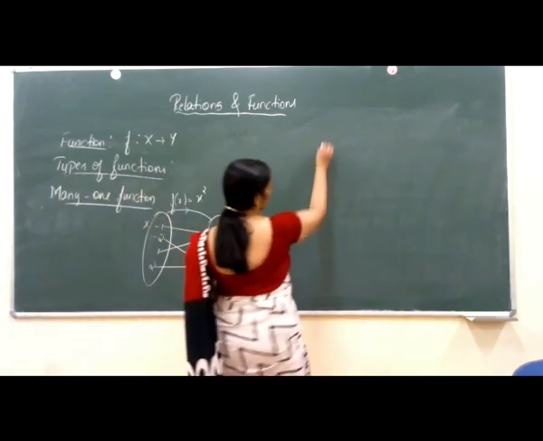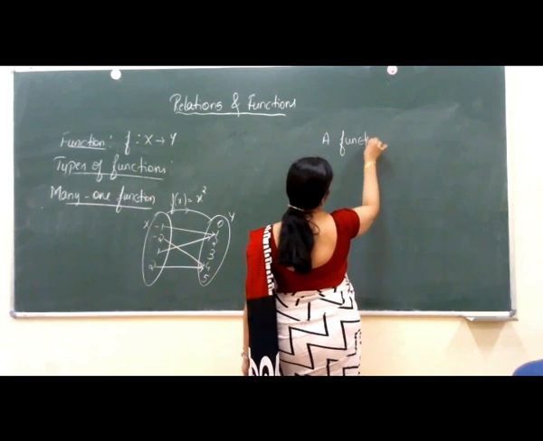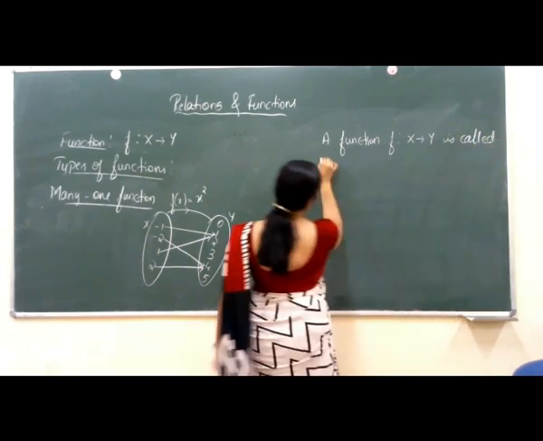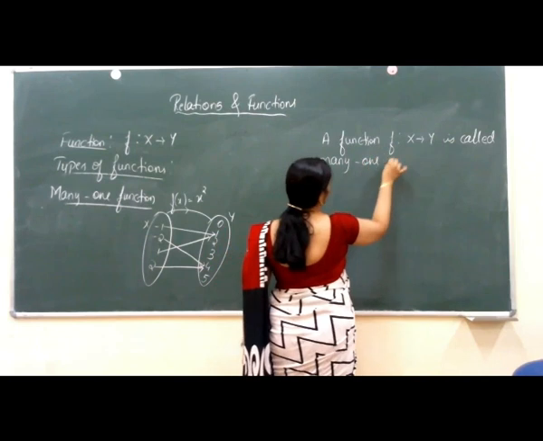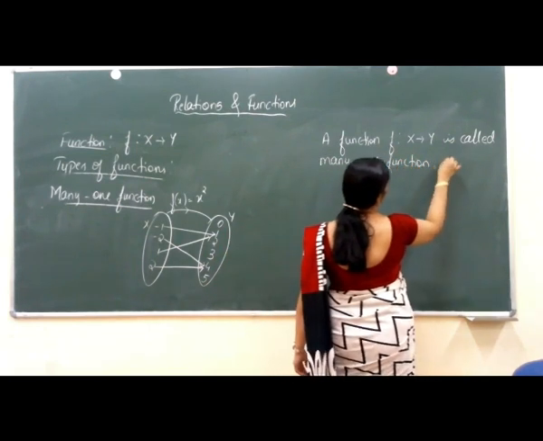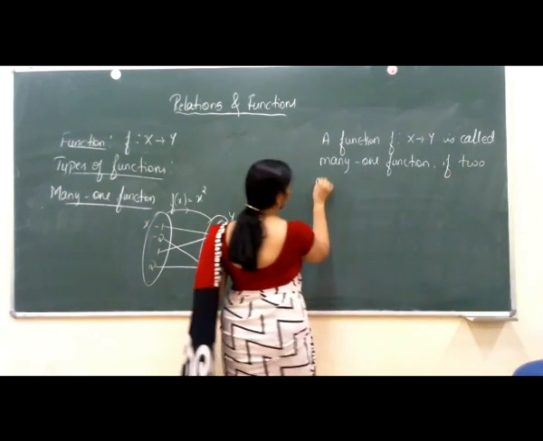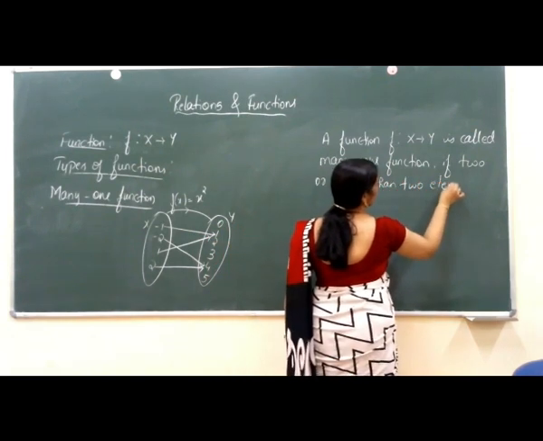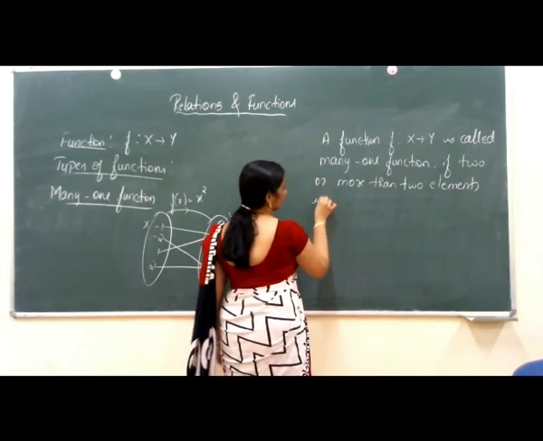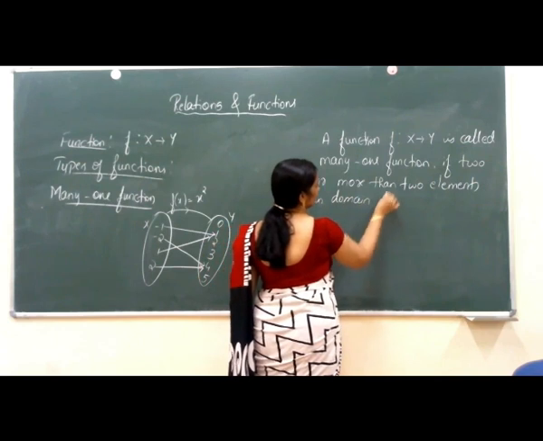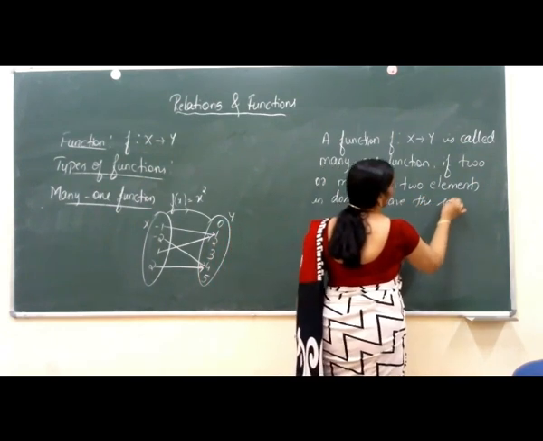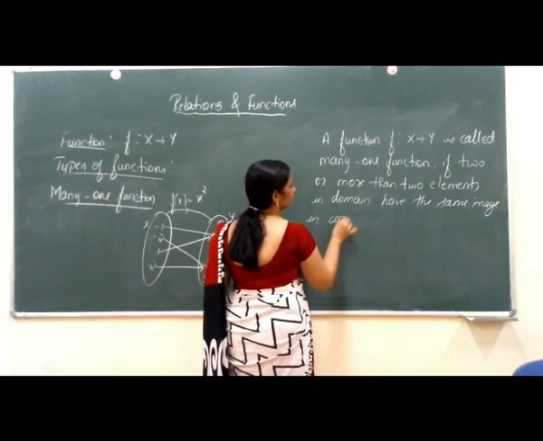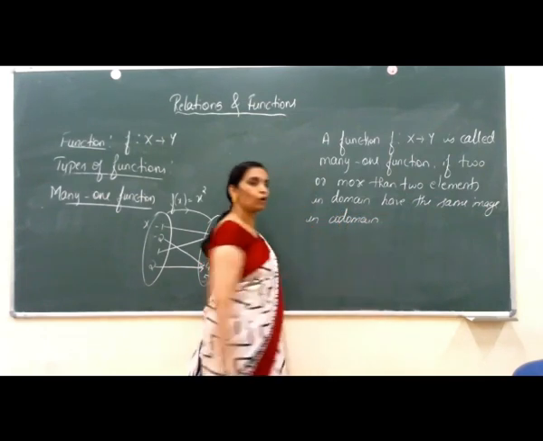So let us write down the definition. A function f from X to Y is called many-one function if two or more than two elements in domain have the same image in codomain.